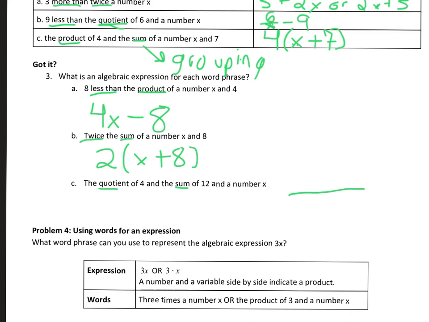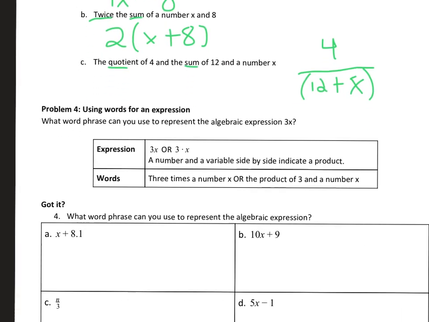So 4 is going to be on the top over the sum of 12 and a number x. 12 plus x. And if you wanted to put that in parentheses because of the grouping, you could. That's fine. But when we talk about the quotient of something and a sum, that whole sum goes on the bottom, okay? So moving on to problem 4.